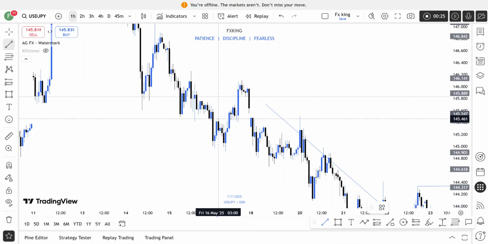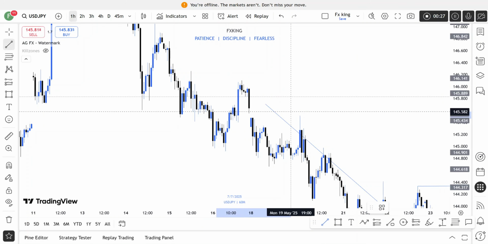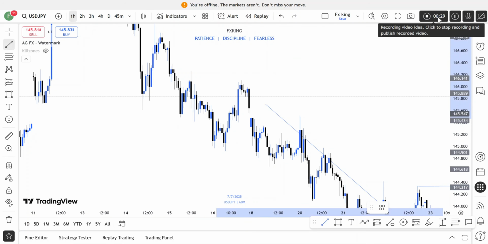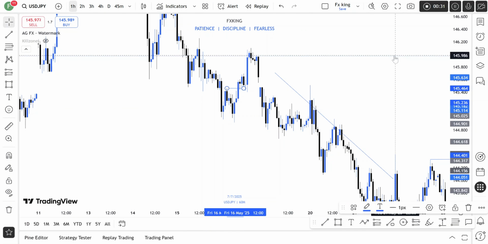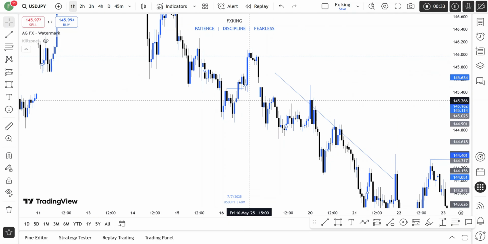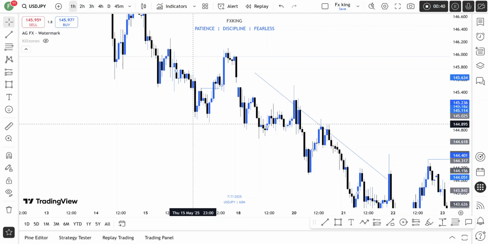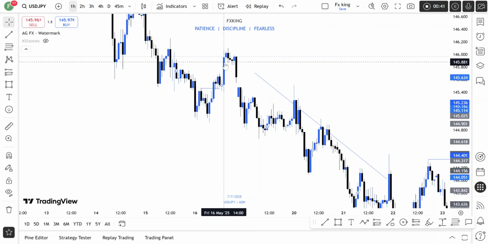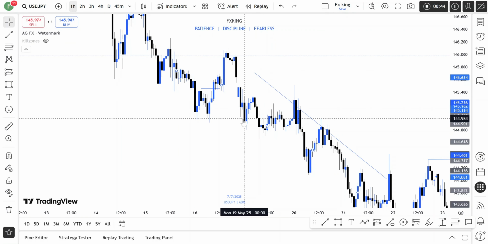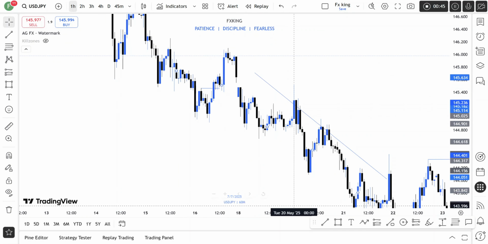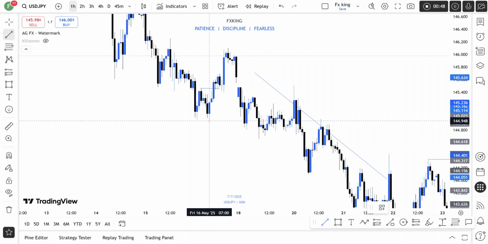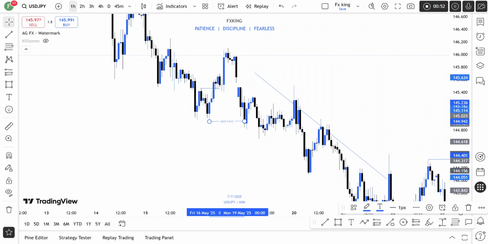Now, this is our major inducement, right? The reason why this is our major inducement is because this is our first pullback and it's not inside another pullback here. So now after the market has taken out this major inducement, it has gone ahead to give us a break of structure here.